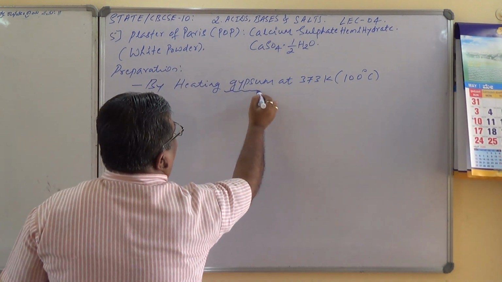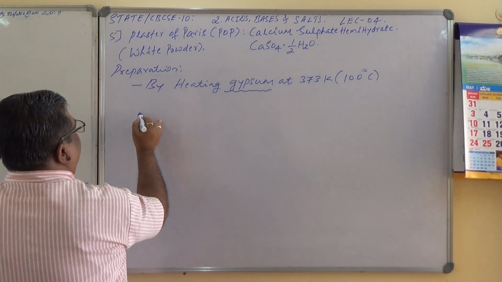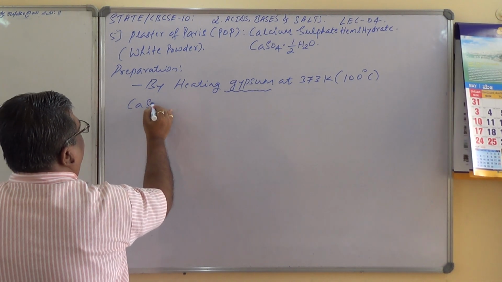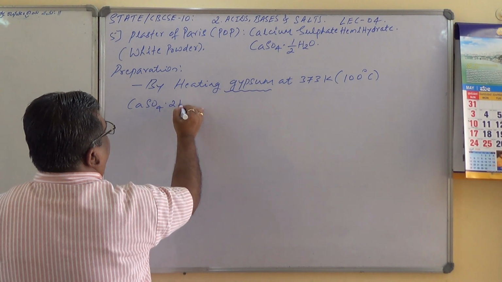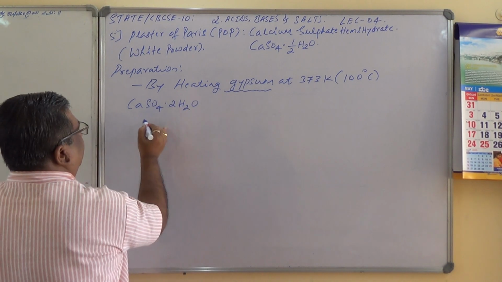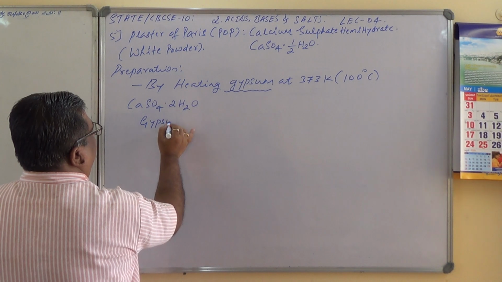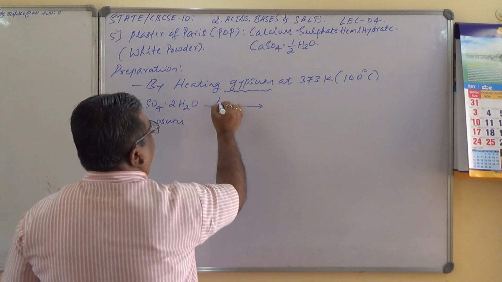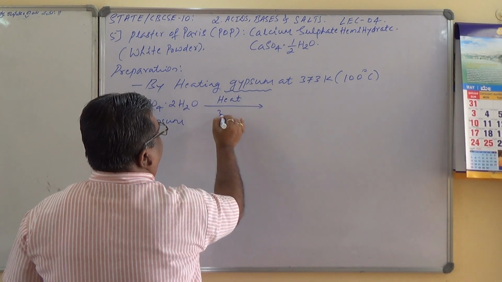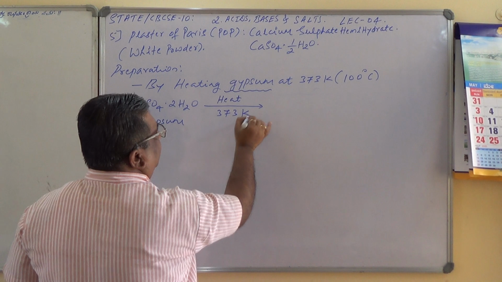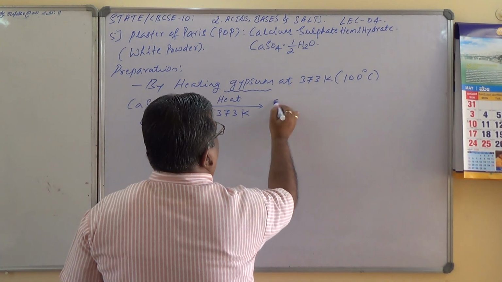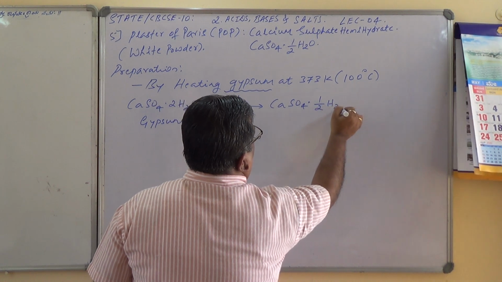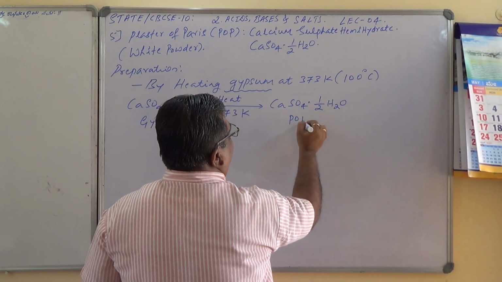So what is the formula for this gypsum? Calcium sulfate·2H2O is called gypsum. It is also a hydrated salt. When it is heated to 373 Kelvin, it will get converted into CaSO4·½H2O, which is plaster of Paris.